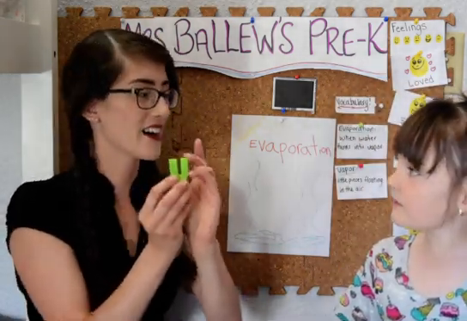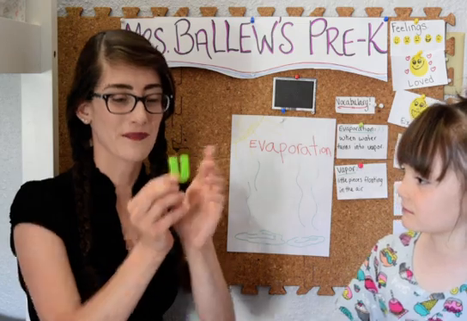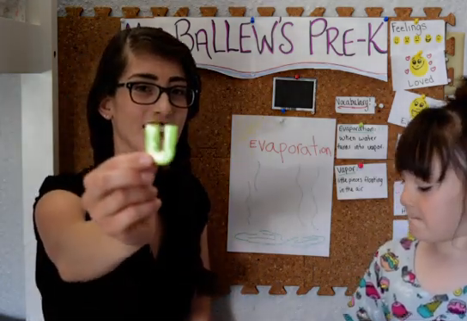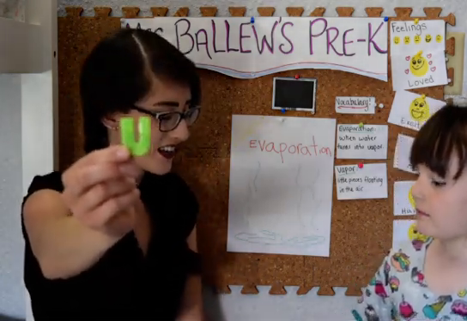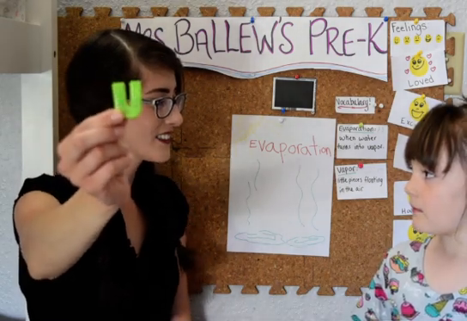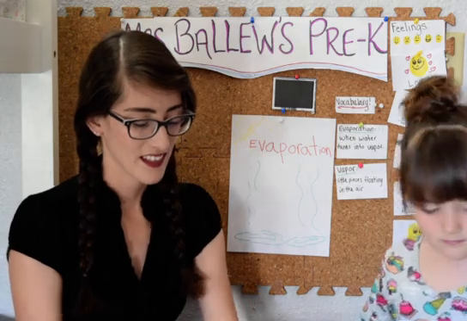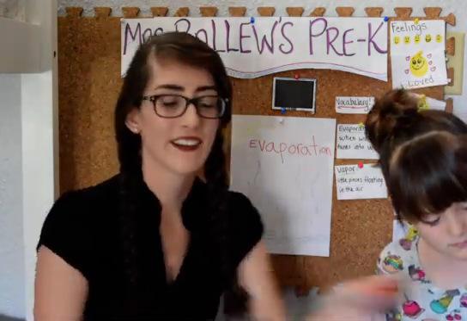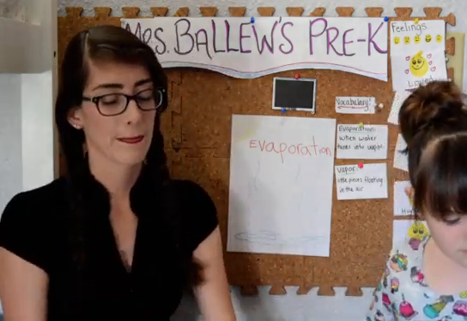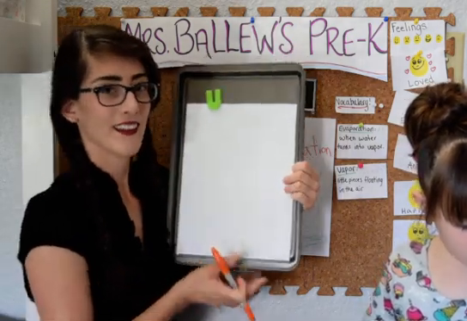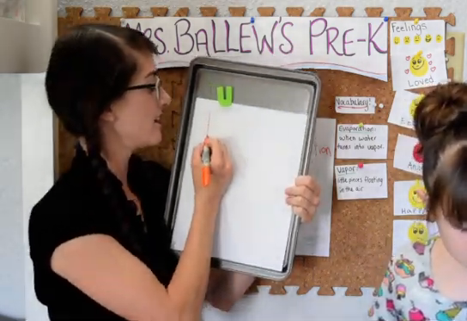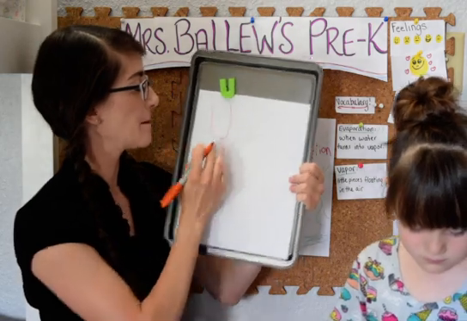We got this letter out of our evaporating raindrop. Do you know what this letter is? U. And the U says, that's right. So to make your U, you're going to go down, curve at the bottom, and up.